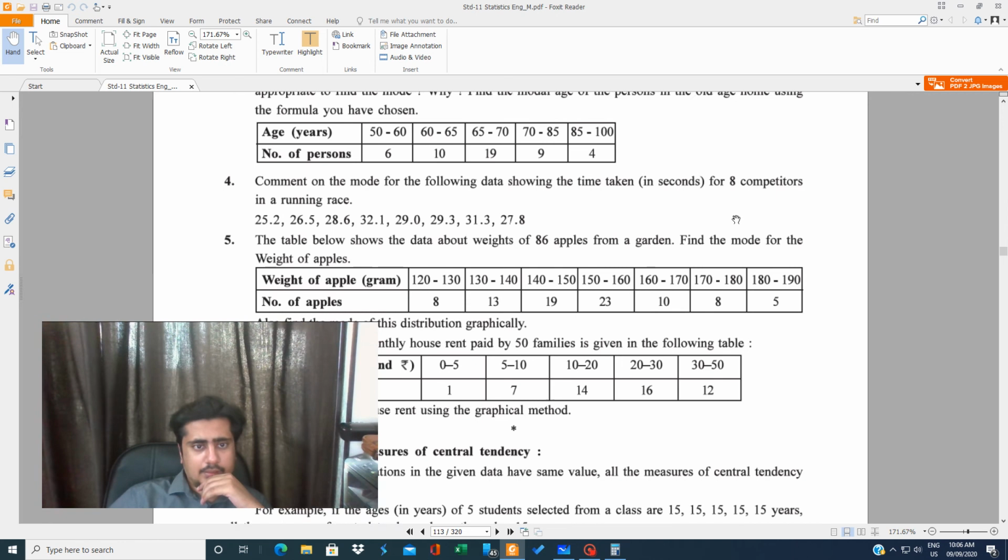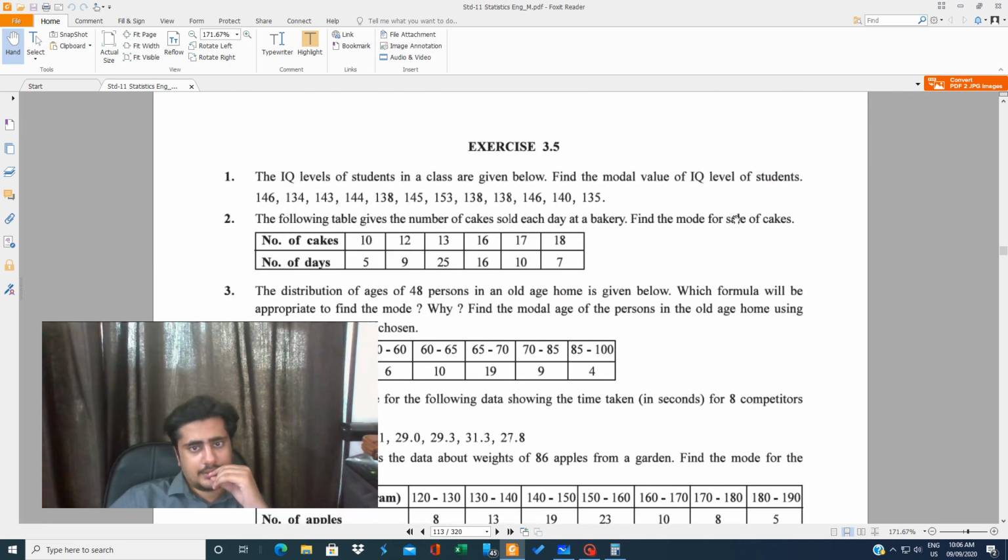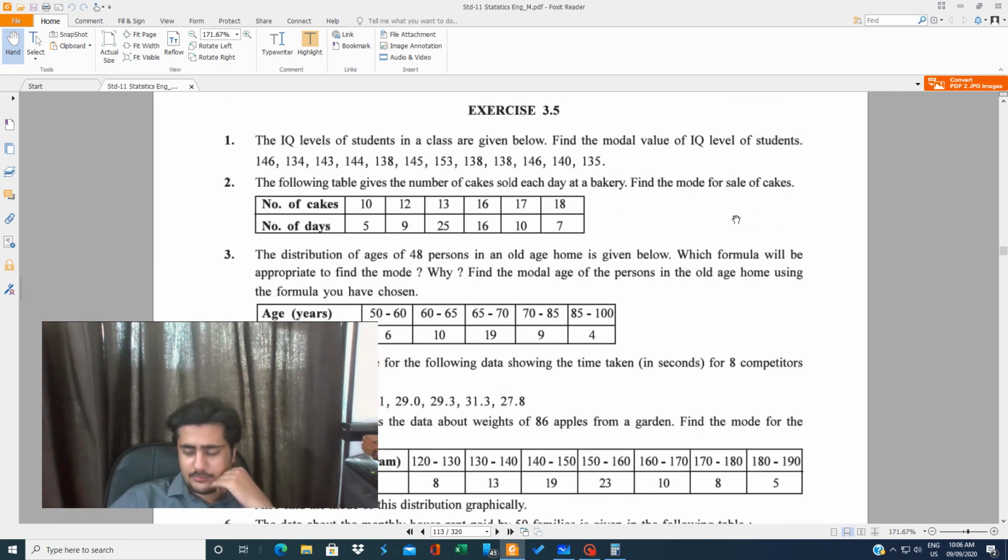Don't have any sums, I think, in exercise 3.5. Just find some sums from there.